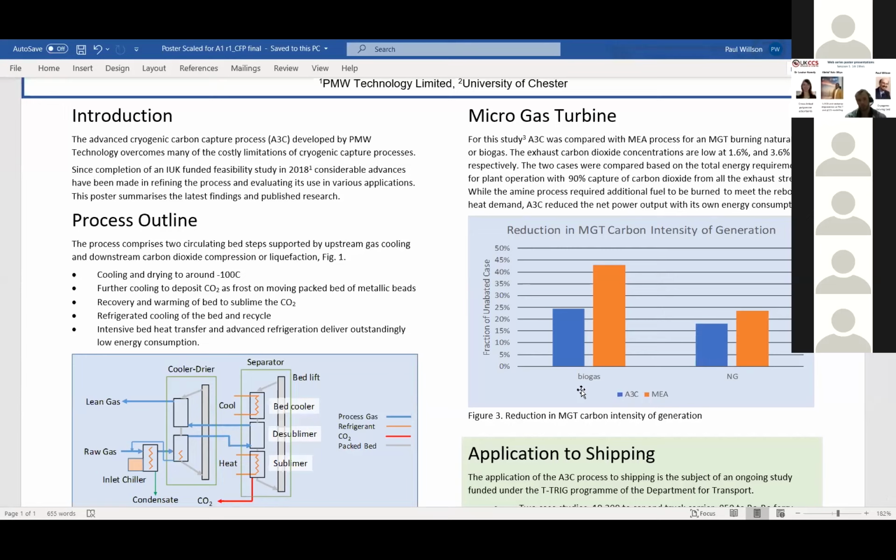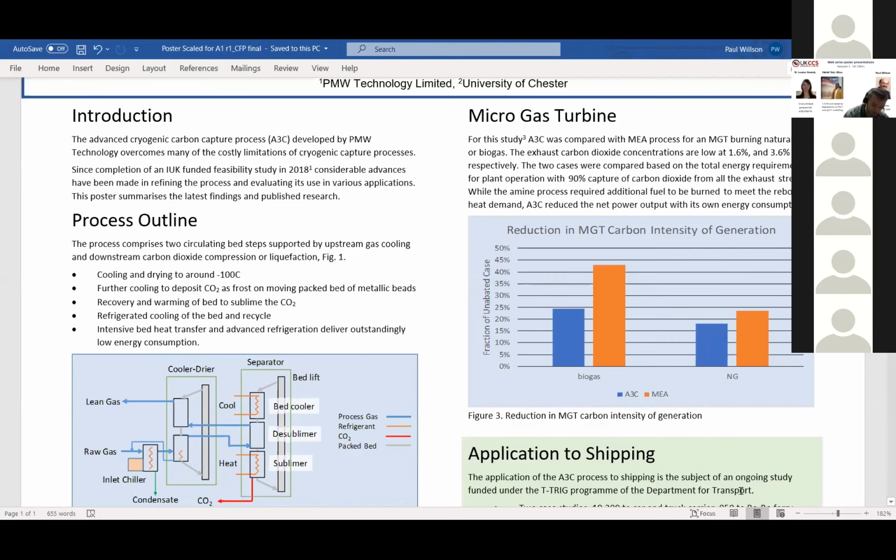MEA, which required additional fuel to be burned to meet the heat demand of the stripper column reboiler, generated only effectively a 50% improvement in the intensity of generation burning biogas. The situation was closer on the natural gas case, but here both the processes are running at an extreme with a residual content of carbon dioxide of 0.16%, only 4 times the level in the atmosphere.